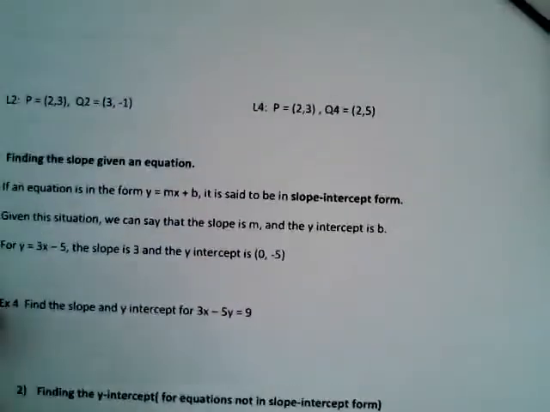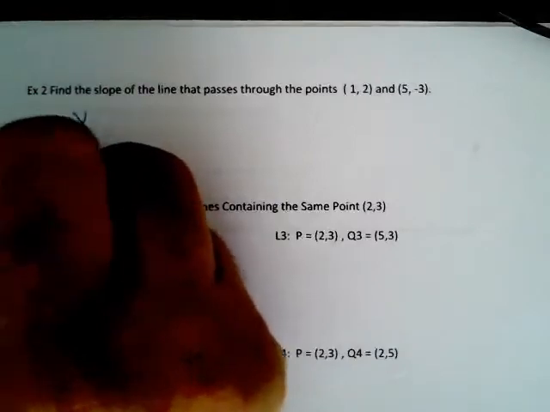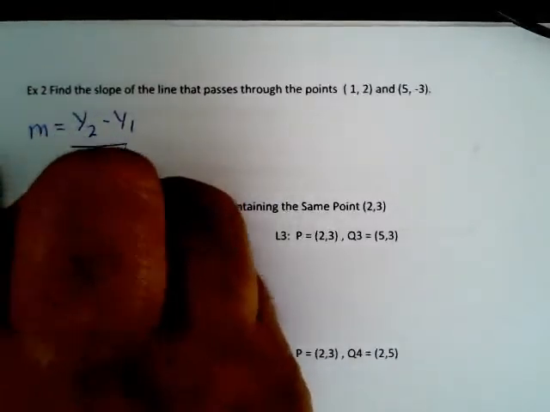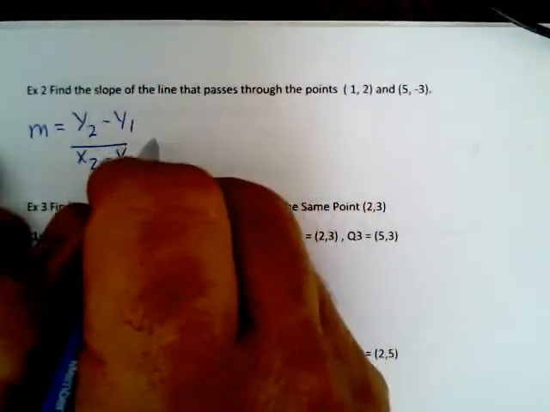Okay, so let's move on now, and let's look at finding the slope of a line that passes through the points (1, 2) and (5, -3). Here I'm going to use my formula, where I take my difference in my y-coordinates and put them over the difference in my x-coordinates.